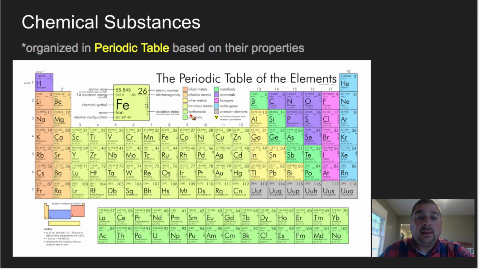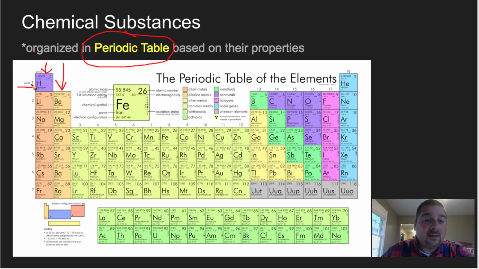All these chemical elements are organized into a chart we call the periodic table. The periodic table is really helpful. You think, well, that's kind of a funny shape. But it's really organized into columns or groups that go up and down, and all of the elements in a group will have similar properties.